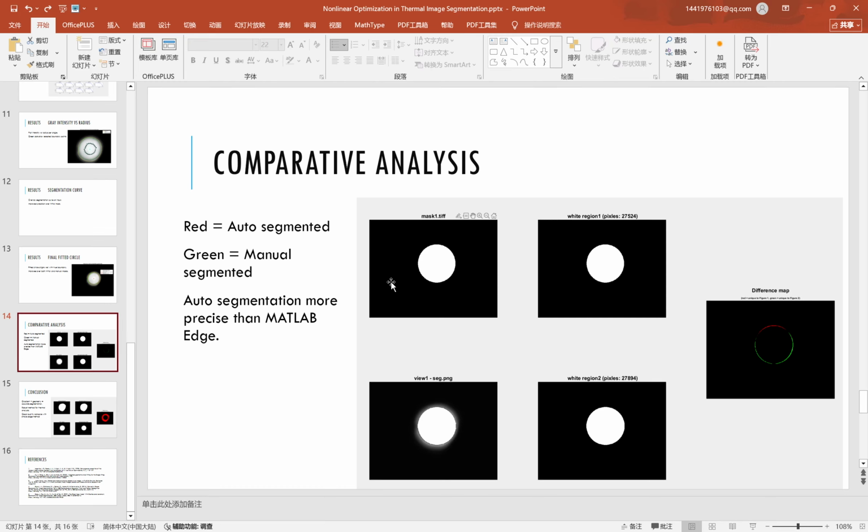I collect the total amount of white pixels of each mask. The one above is 27,504, and the next one is 27,894, which is very close to each other.